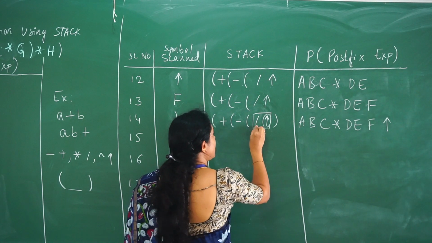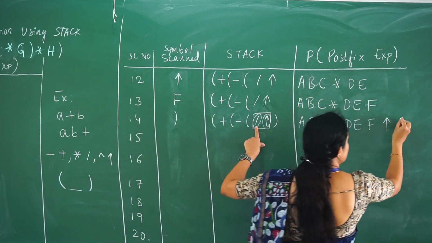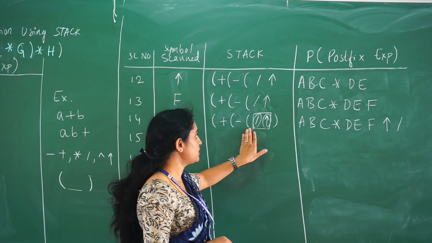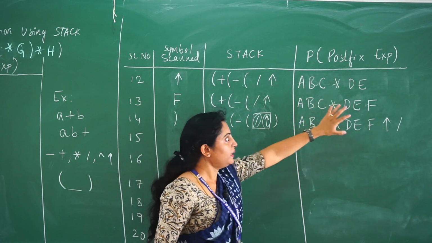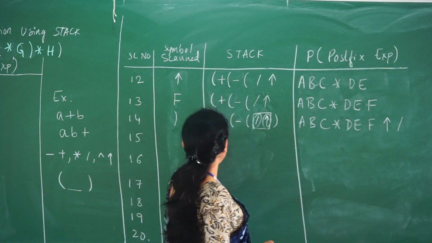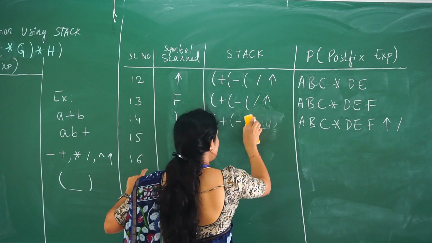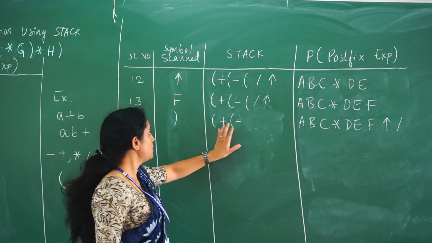The next operator is division. Let's pop it. So division is kept here. Next is the left parenthesis. Until the left parenthesis, all the operators are popped and kept in the postfix expression whenever the right parenthesis is encountered. So now inside the stack we have only these symbols.